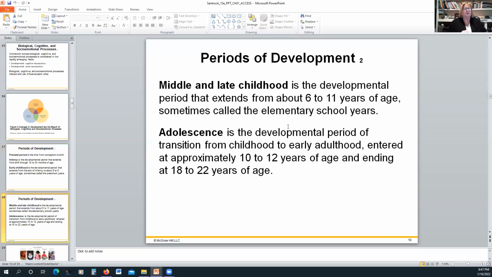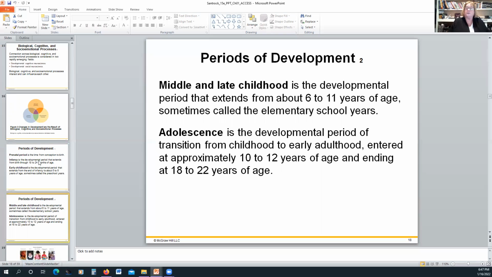This textbook goes into adolescence, but when I'm looking at child development, I tend to stop this class before adolescence because adolescent development is a whole separate thing. Quite honestly, adolescent psych is a whole separate class. So we stop this class at the end of middle and late childhood.